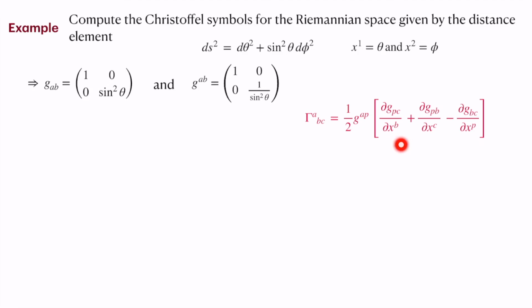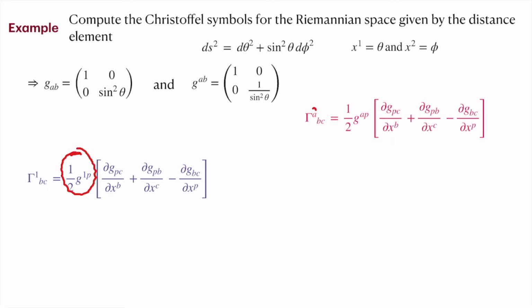Now we have a relation for the gammas. Let's evaluate first gamma 1, or gamma theta AB, where A and B are 1 and 2. So we simply write down this expression, and the only term which comes here is this one. This is the same as this, and P is summed over, that is 1 and 2. But because of the diagonal nature of the metric, P can take only the value of 1.